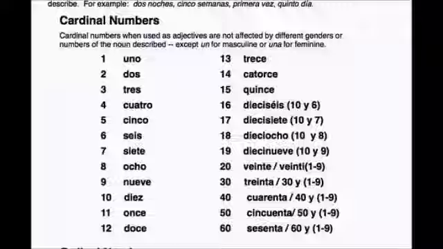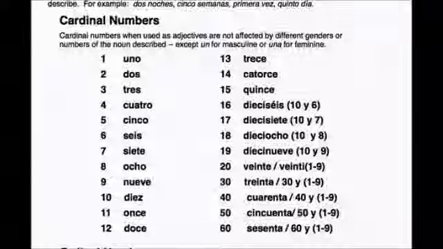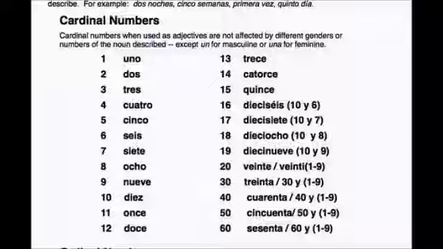We say 10 and then whatever number, and then we spell it all as one word, and we say it all as one word. So 16 is dieciséis, 17 is diecisiete, 18 is dieciocho, 19 is diecinueve. Let's practice: siete, correcto, catorce, nueve, doce, tres.